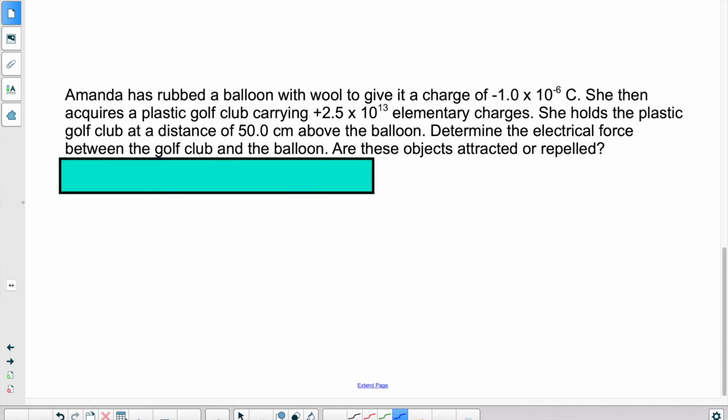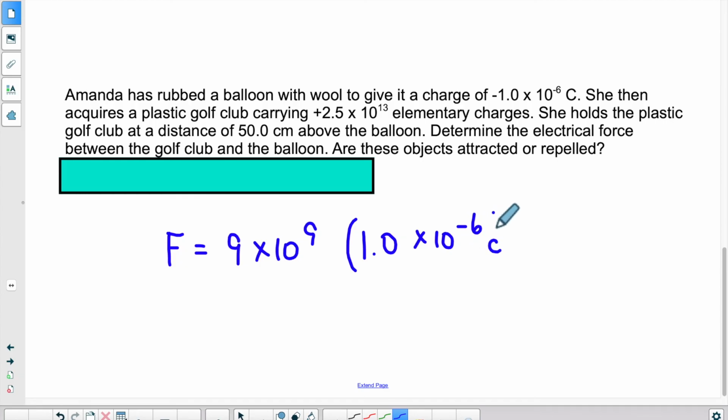Now let's look at the math. So if we look at the math, we have to determine the force. So the force is equal to 9 times 10 to the 9 times the first charge, which is, and we'll just use the absolute value, 1 times 10 to the negative 6 Coulomb. But the second charge, it says elementary charges. And so that means these are individual electrons or protons, sorry, in this case, because it's positively charged.